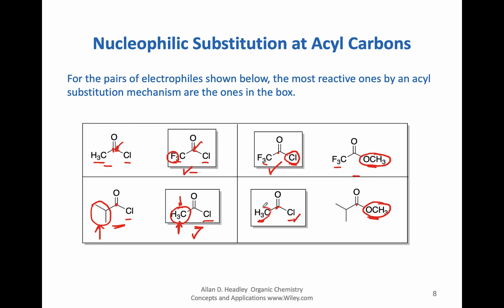Here's a small group, which means that the sp3 for the tetrahedral would be stable, and here's a much larger group bonded to the carbon. So since both factors go against the reactivity of this molecule, it is not as reactive as this one.